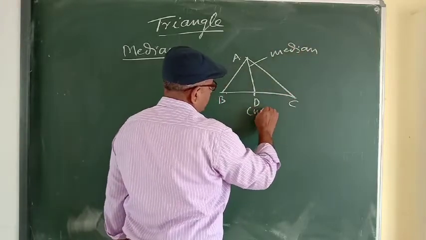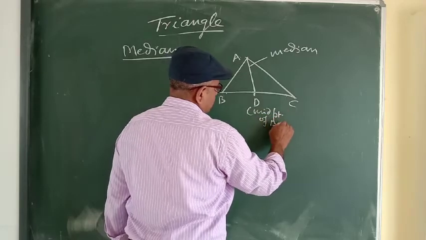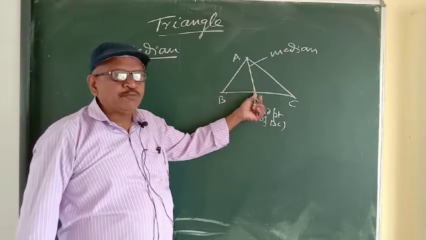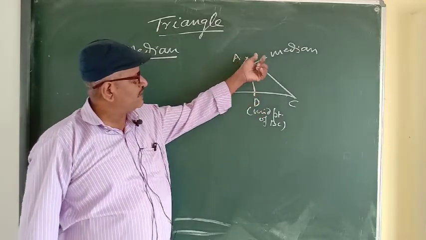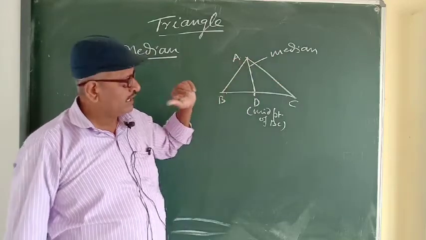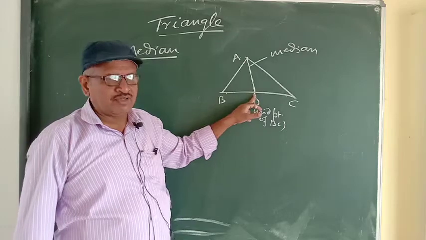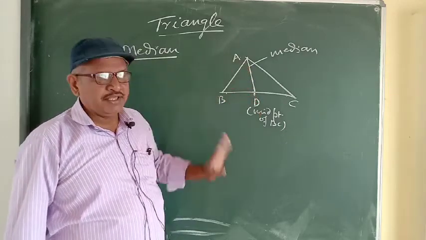D is the midpoint of BC. So a line segment joining the midpoint of one side of a triangle to its opposite vertex is called median. Again listen. Line segment joining the midpoint of one side to its opposite vertex is called median.